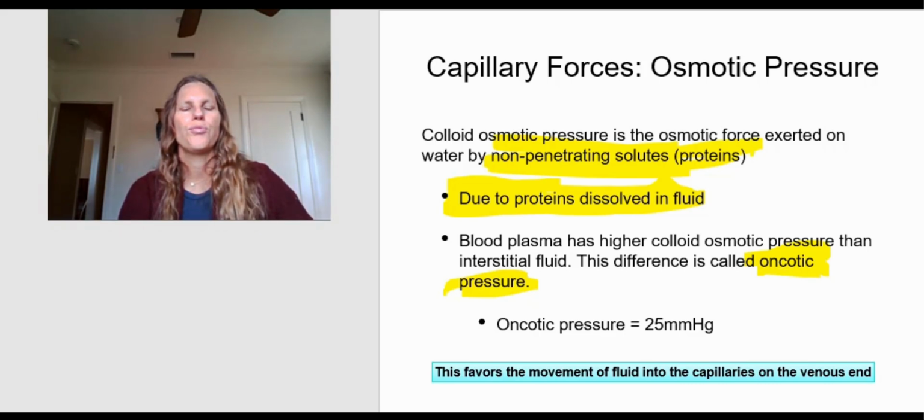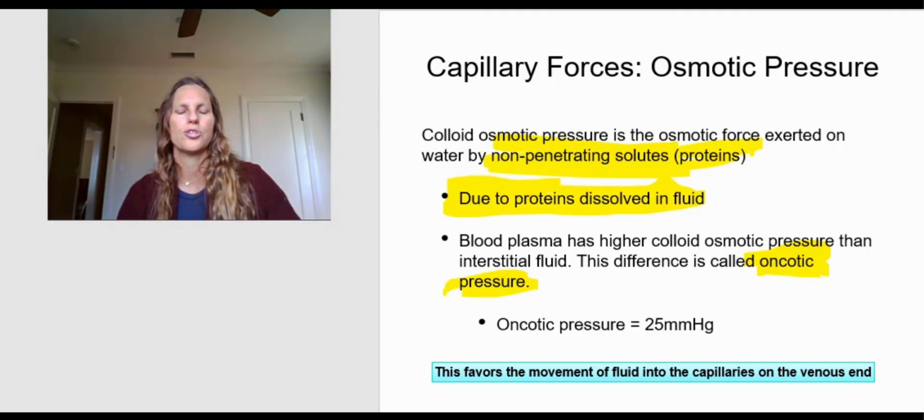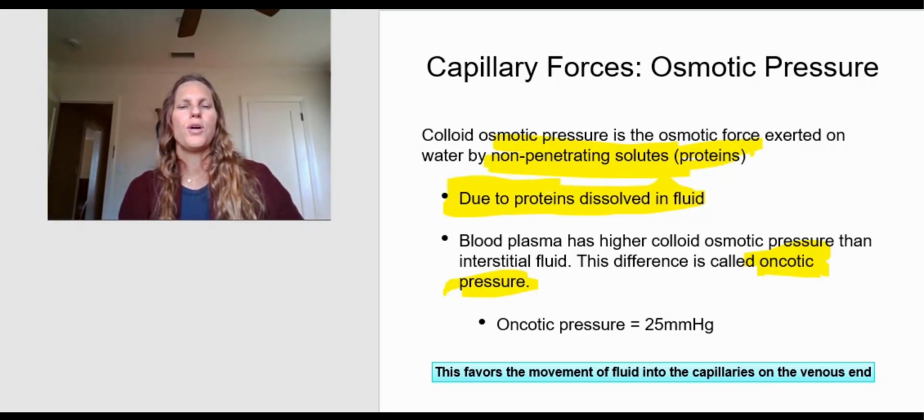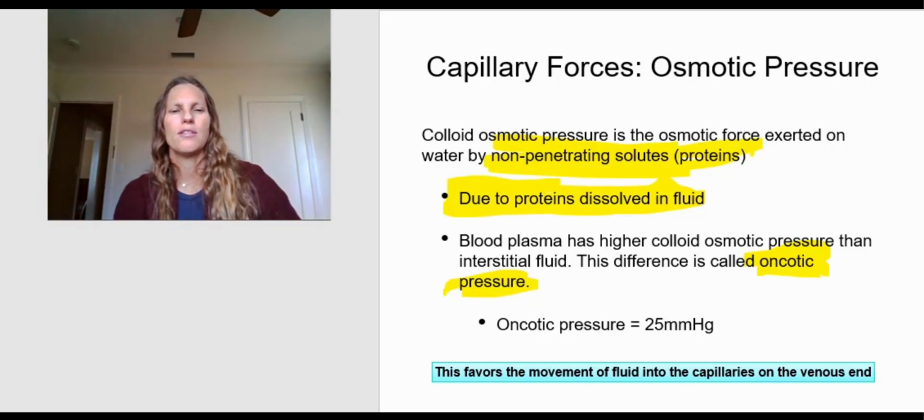So I mentioned that blood contains high concentrations of proteins, while interstitial fluid contains very low concentrations of proteins. What ultimately this means is that osmotic pressure is going to favor the movement of fluid into the capillaries on the venous end.